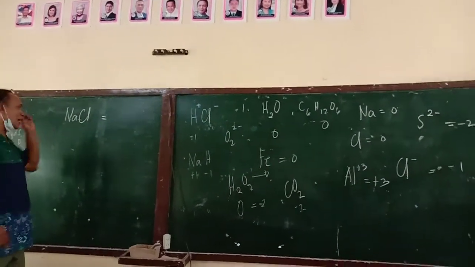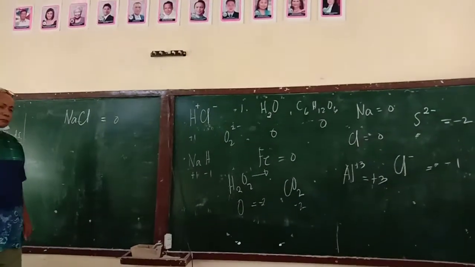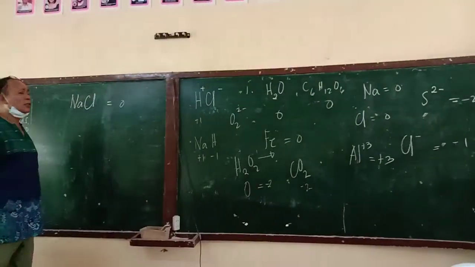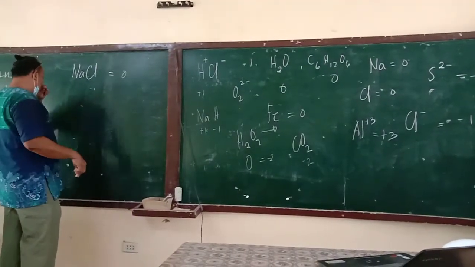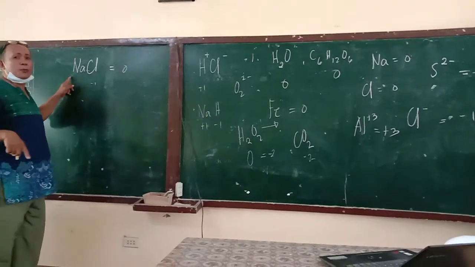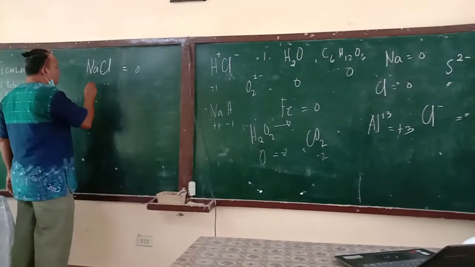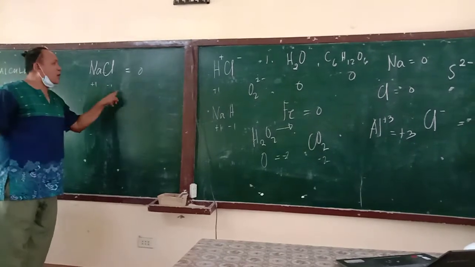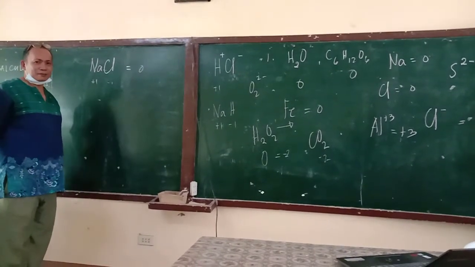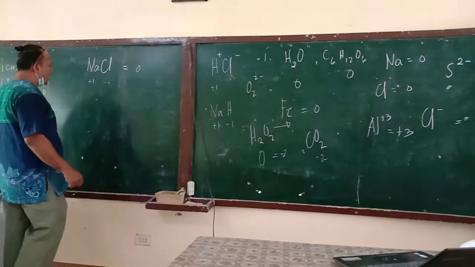Automatically the total is 0. Chlorine is -1. Sodium belongs to group 1A, so it is +1. So 1 minus 1 is 0.